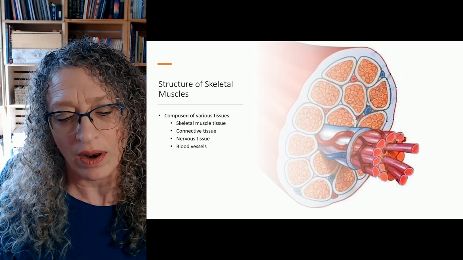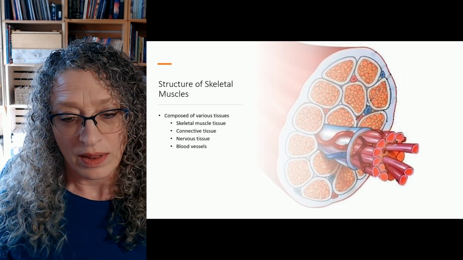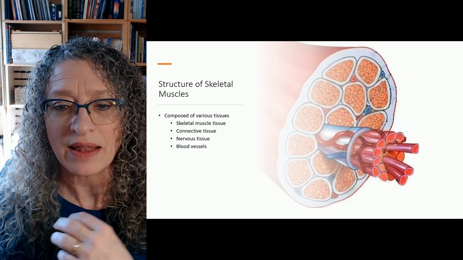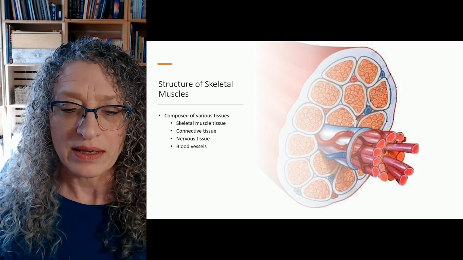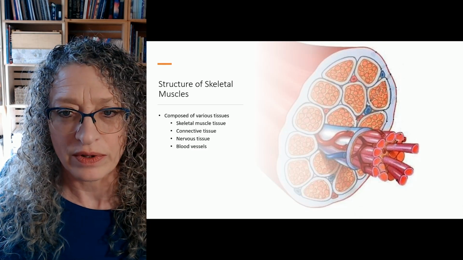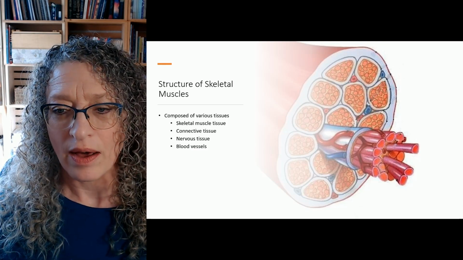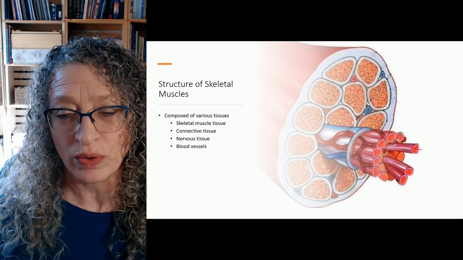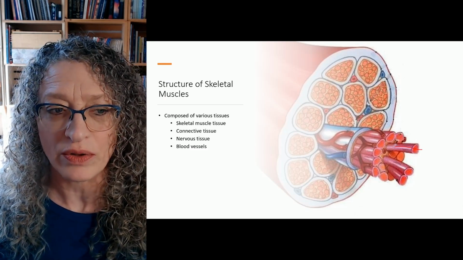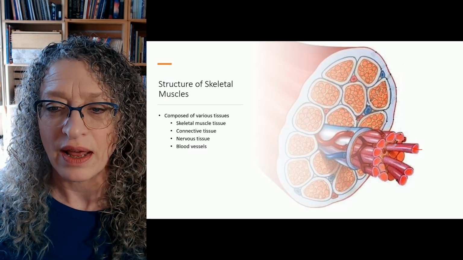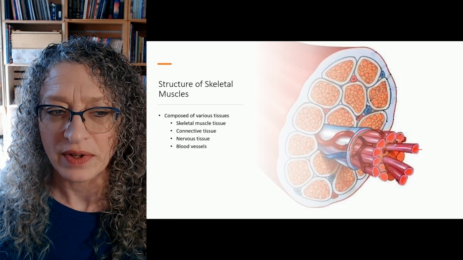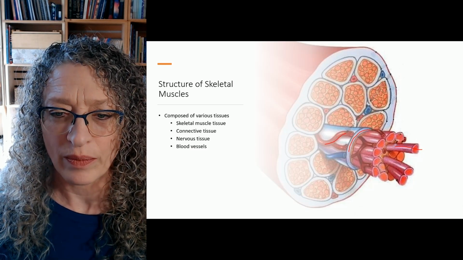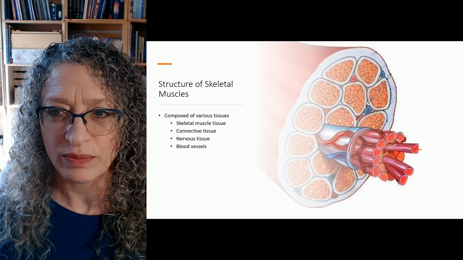If we were to take the biceps out of the arm and look at it, we would see that the bicep muscle is made up of skeletal muscle tissue, or skeletal muscle cells, and then there's a series of connective tissue, and this is showing arterial and venous blood supply.